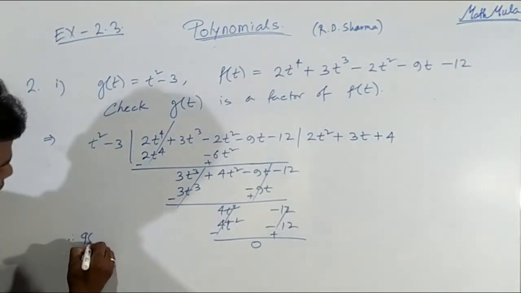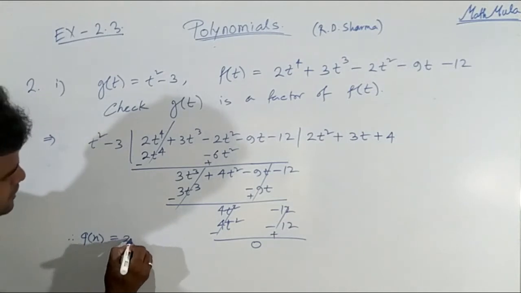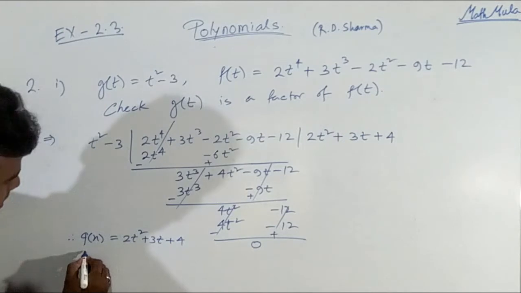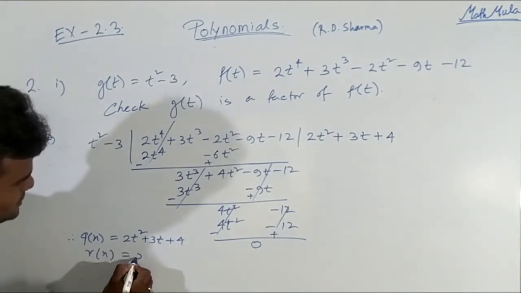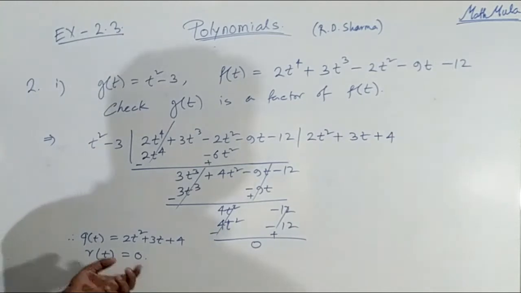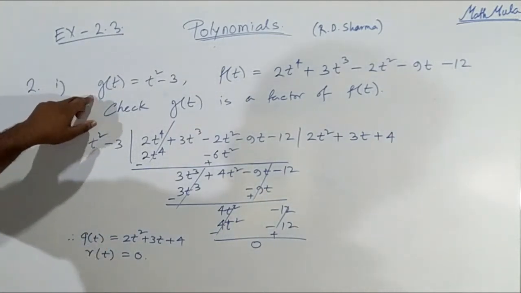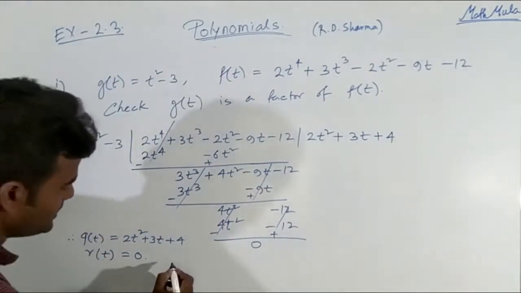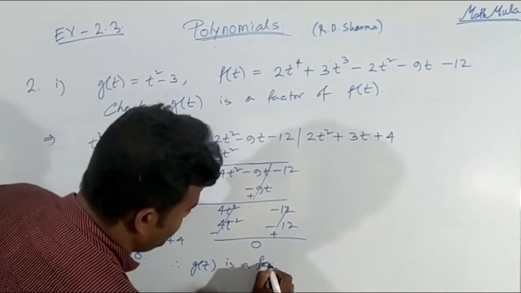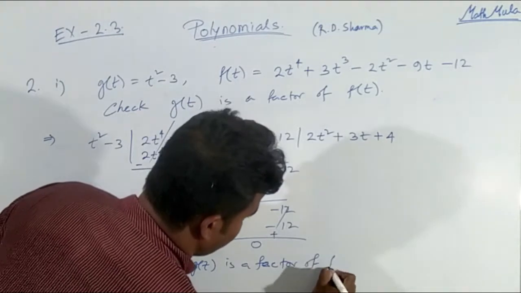Therefore, quotient q of t equals 2t square plus 3t plus 4, and remainder r of t equals 0. If r of t, that means the remainder, is 0, then g of t is a factor of f of t. So by the division algorithm, we can say g of t is a factor of f of t. That's it.